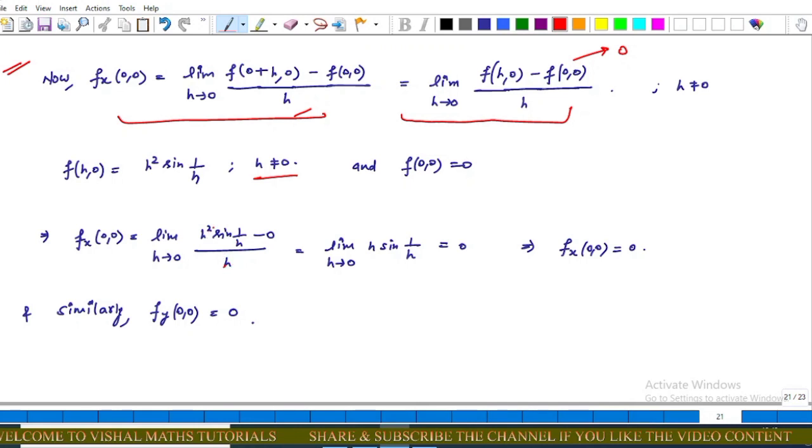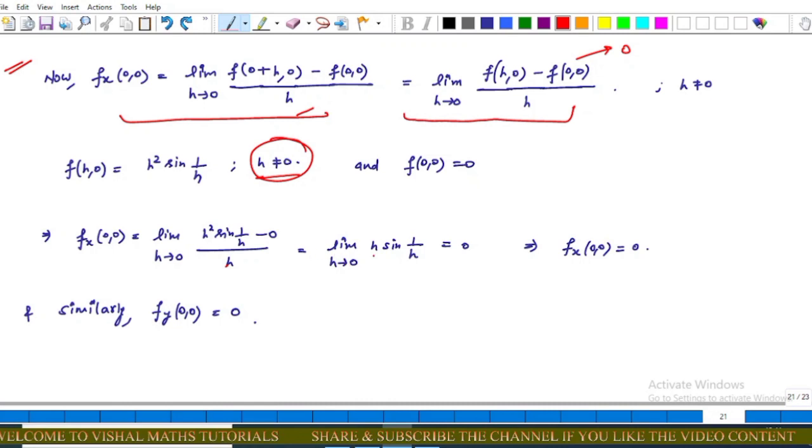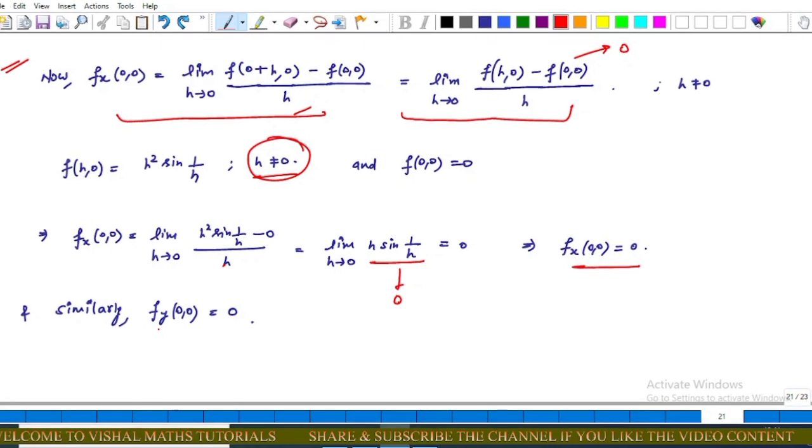This h cancels with this h because h ≠ 0. This gives the limit of h sin(1/h), a standard result, and this limit always tends to 0. This implies fx(0, 0) = 0. Similarly, fy(0, 0) = 0, where fy(0, 0) equals the limit as k tends to 0 of [f(0, 0 + k) − f(0, 0)]/k.